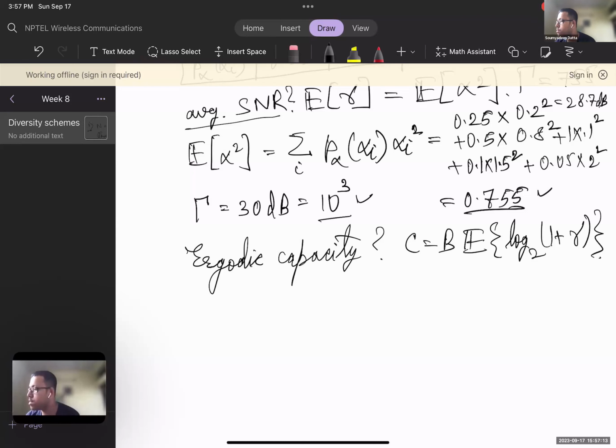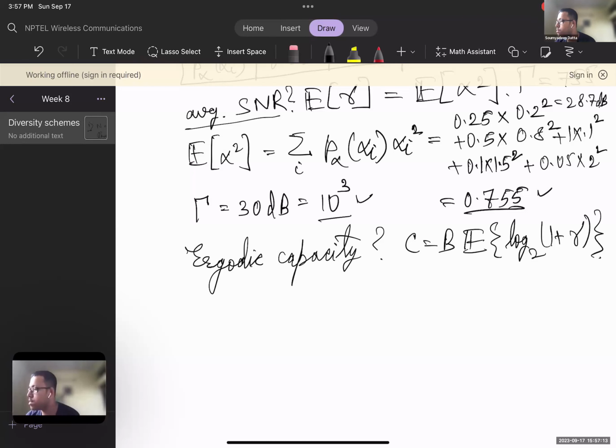This is for a discrete random variable. So the same formula I'm applying. Here instead of x, I have gamma, and f is log of 1 plus gamma. Actually, gamma is alpha squared times capital gamma, so my random variable is alpha. I'm just applying this concept from probability statistics course.